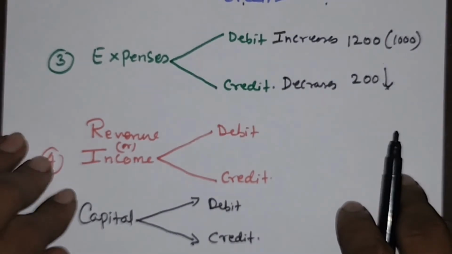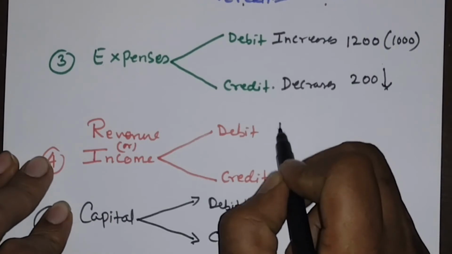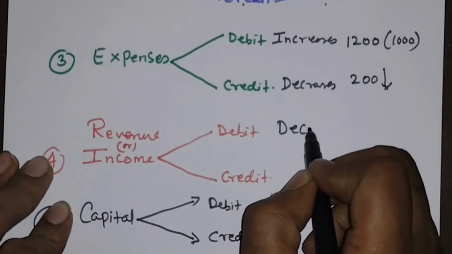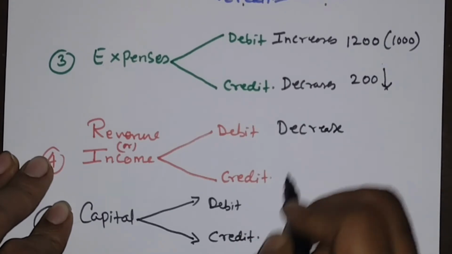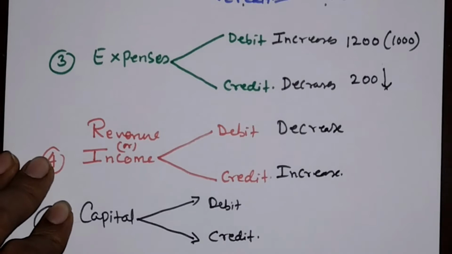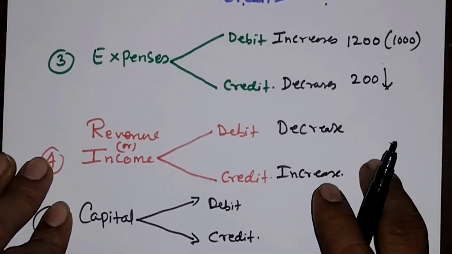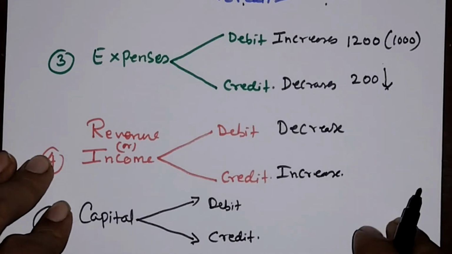Next, coming to revenue or income, even here it is the same. Debit decreases and credit increases. Debit decreases revenue and credit increases revenue.